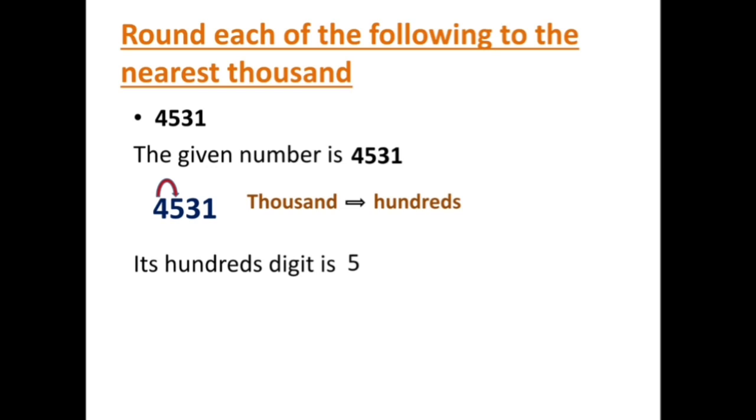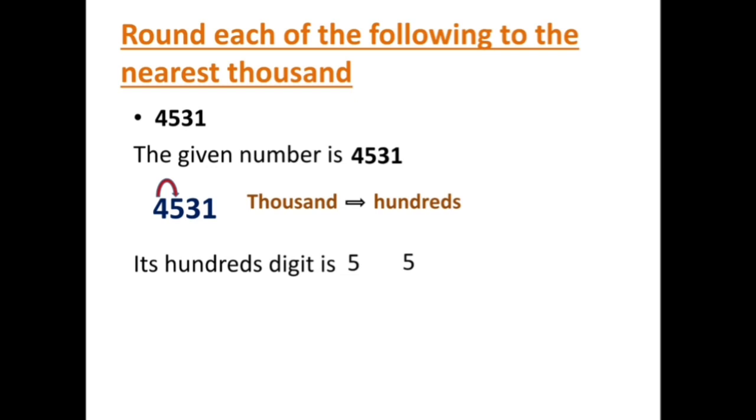So we need to do the comparison with 5. Whatever estimation we are doing, whether it is hundreds place or tens place or lakhs place, 10 crores place, whatever may be the place, the comparison we are doing is with 5 only, and the rules remain the same for all the place values.